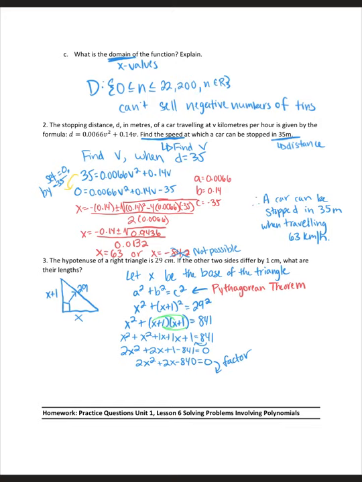So I'm going to common factor out 2 to begin with. I can see that there's a 2 in common with all my terms. So I'm going to take out a 2, and you're going to have x squared plus x minus, so 840 divided by 2 is going to be 420.